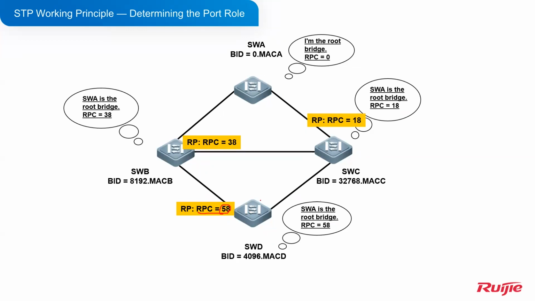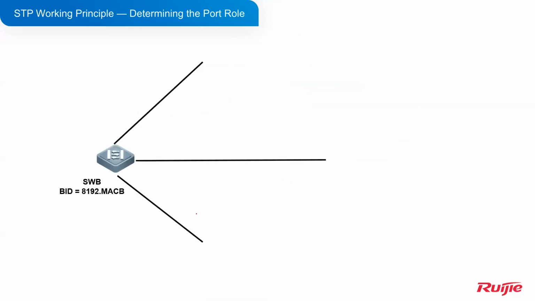You can see this is 58, this is 218. So obviously the port on the left has a lower RPC value. So this is the RP of SWD. This is how to determine the root port of each switch.